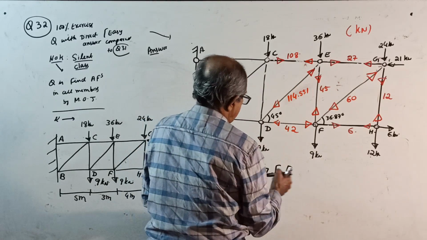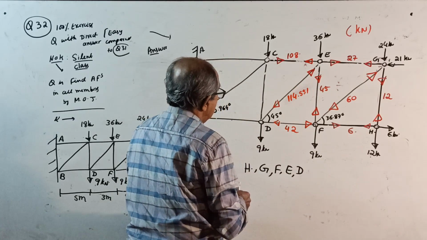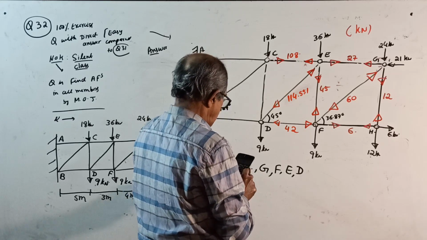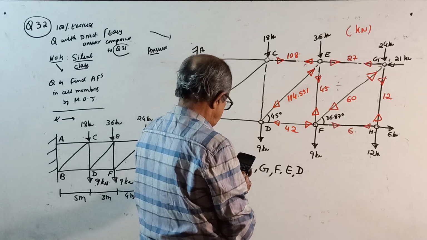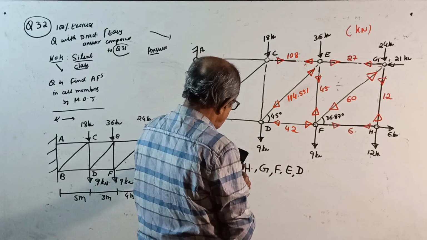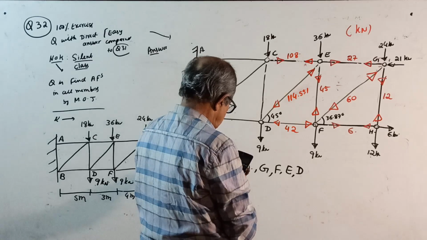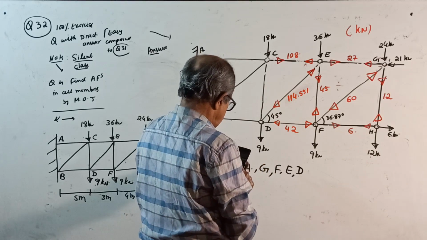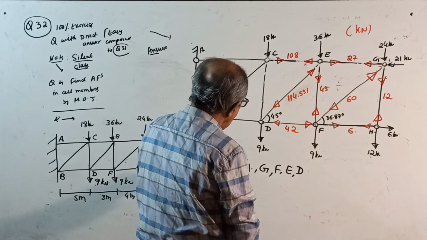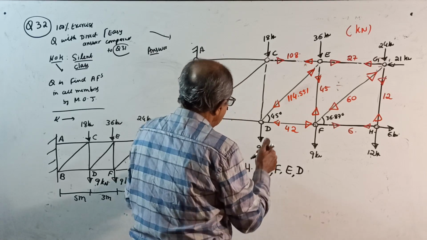Right. After A go to D. 114.551 into cos 45 is 81 plus 9, 90.